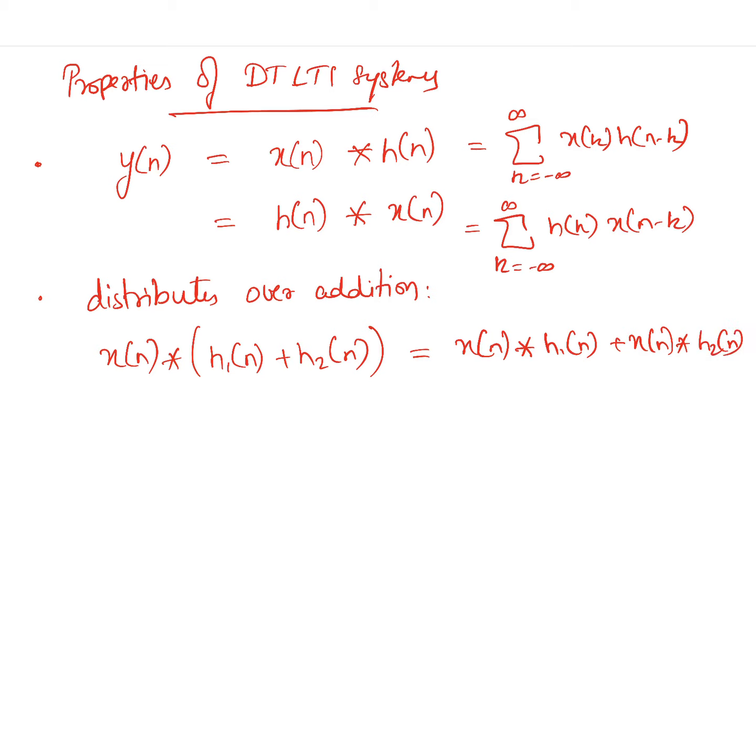So you can see in the block diagram form that I have h1 of n, the impulse response of system 1, and h2 of n, the impulse response of system 2, and these are in parallel.